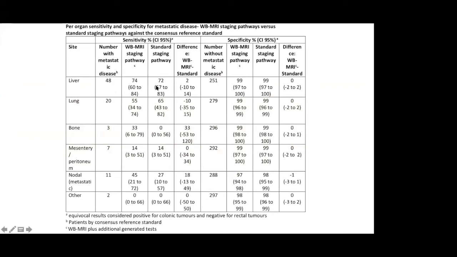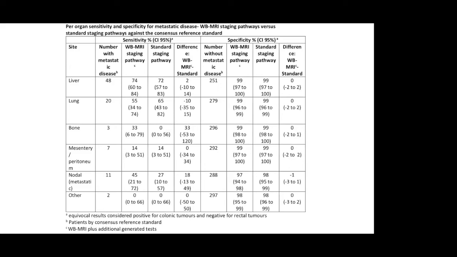There's not a big difference in detecting liver mets, but there is a difference in detecting lung mets. The sensitivity of whole body MRI is actually 10% lower than that of PET-CT, or the standard staging pathway being CT thorax. So that does raise the question whether we should add a normal CT thorax or not.